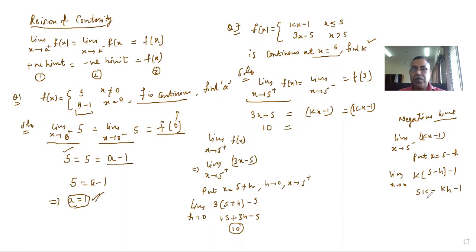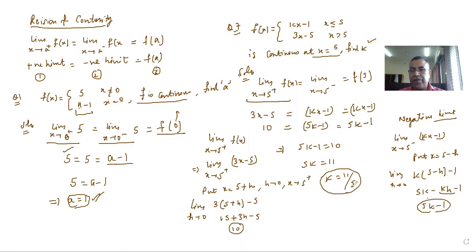So this is equal to 5k minus 1, because h tends to 0. When you substitute h here, it is 5k minus 1. And the value of the function at x equal to 5 is 5k minus 1. All these are equal, so 5k minus 1 is equal to 10, 5k is equal to 11, and k is equal to 11 by 5.